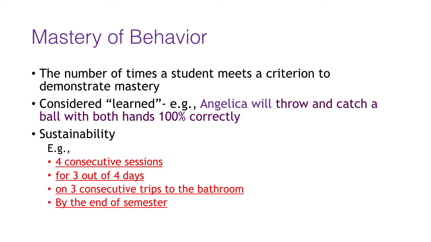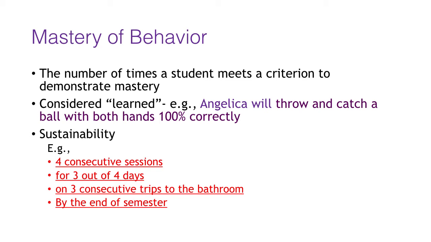To have that in your objective, you can include mastery of behavior. So you can say 4 consecutive sessions, or 3 out of 4 days, something like that. You want to see the maintenance of the behavior, like sustainability, right? Or if you know that the behavior takes time to be acquired across the semester, then you can include something like "by the end of the semester," by when.